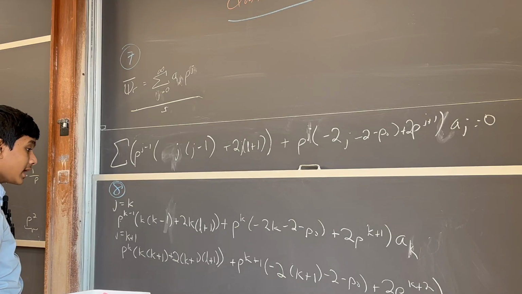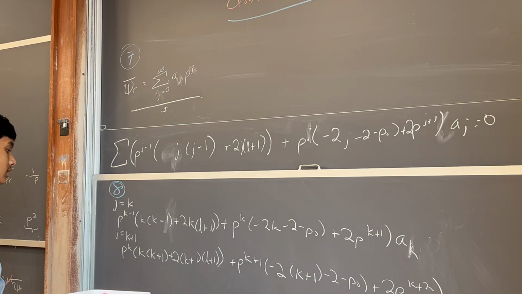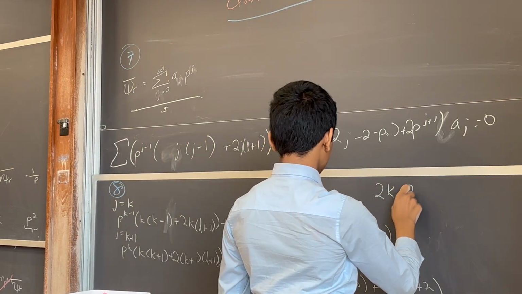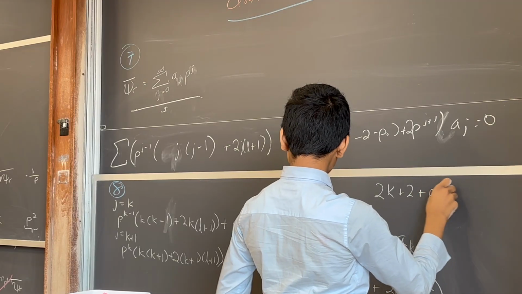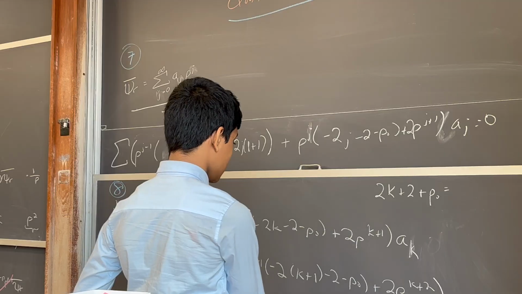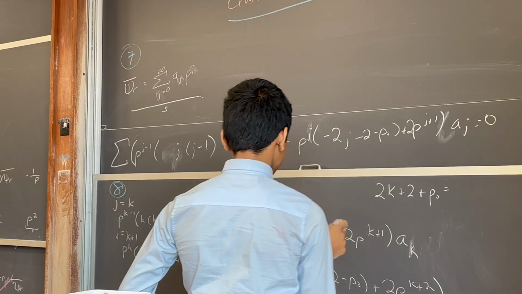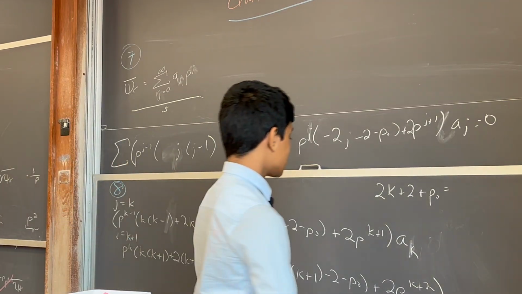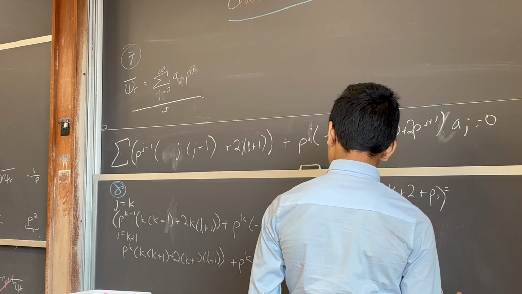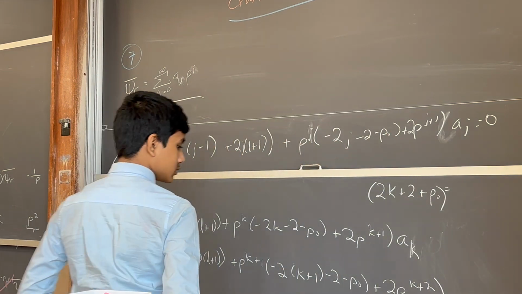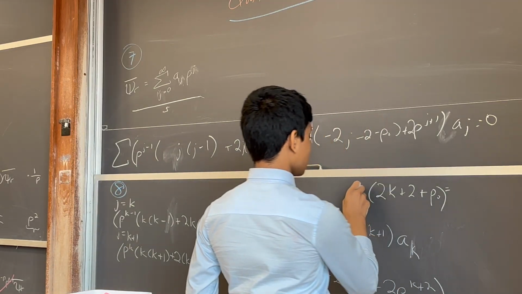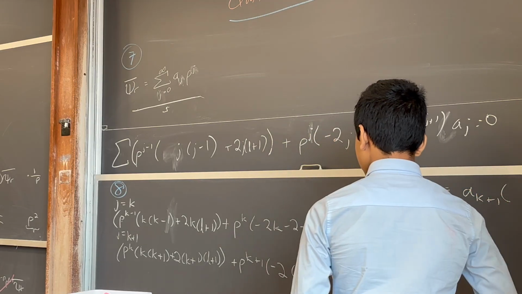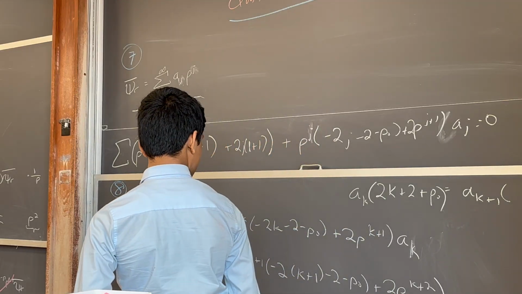So the rho k terms have to cancel each other out. That's the important thing. So that means that 2k plus 2 plus rho naught has to be multiplied by ak. So this should be ak plus 1. So ak multiplied by this has to be equal to ak plus 1 multiplied by this.